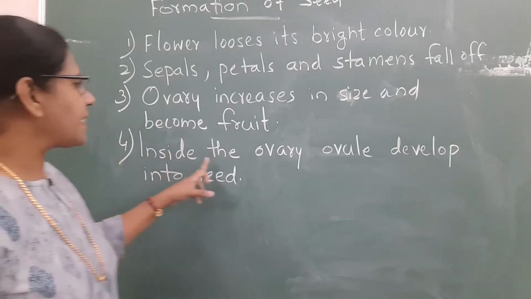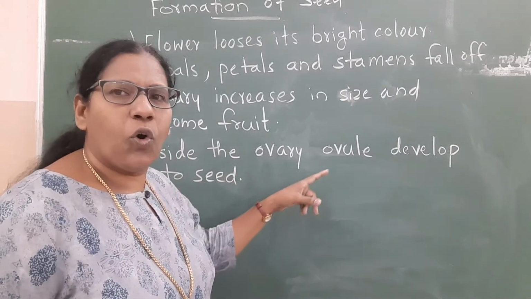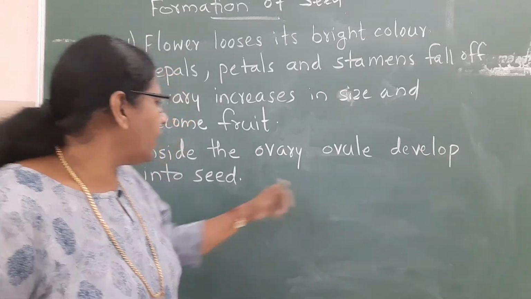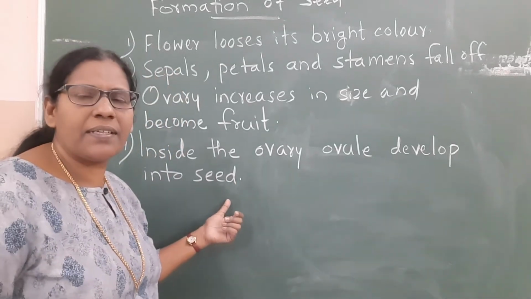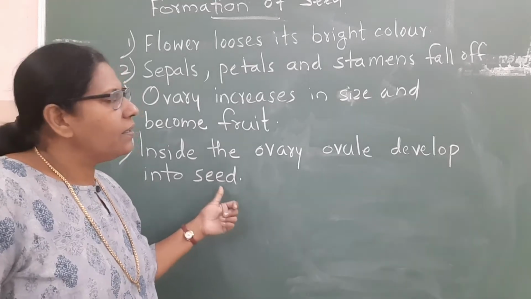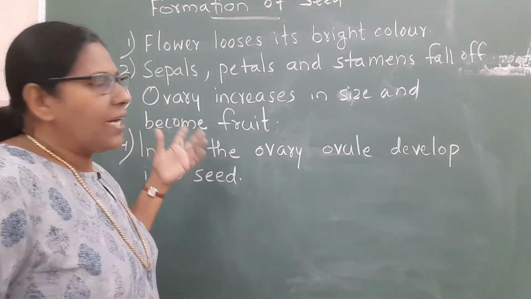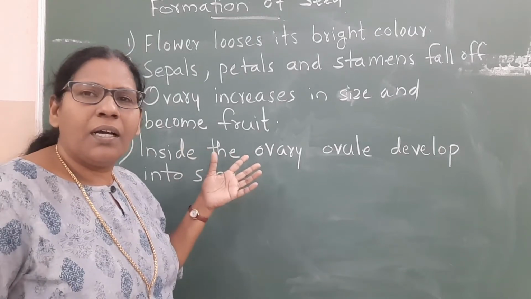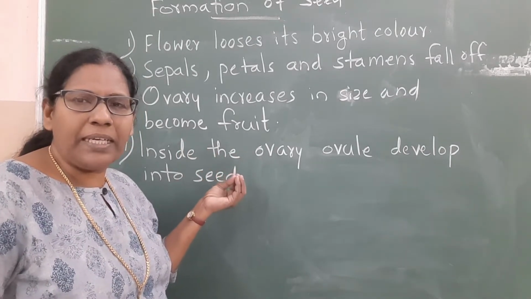Fourth thing, inside the ovary, the ovule is there. That ovule develops into a seed. That is how a seed forms. We know that in fertilization, the male gamete fuses with the female gamete.